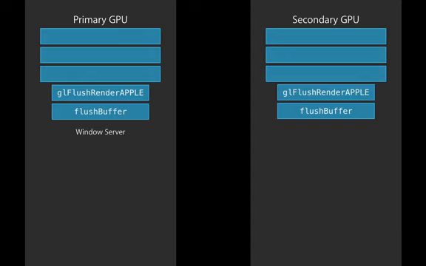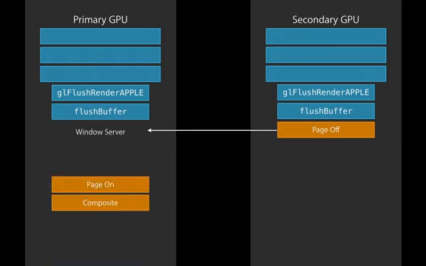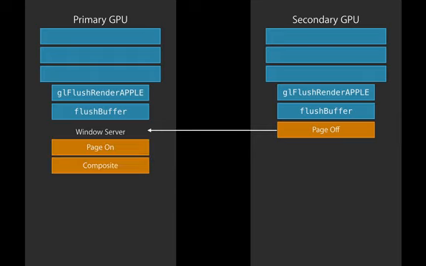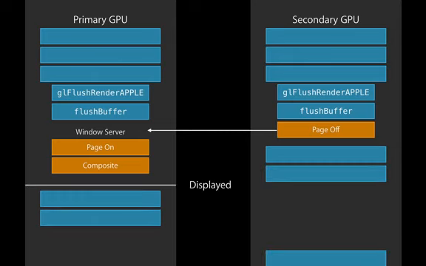And so it's going to actually perform a very similar operation to what we saw a little while ago with a page off. It's going to realize that that data is on the other device, send a page off request for it to the device, move the data back, then page it on to the primary GPU, perform its composite, and then display the image.